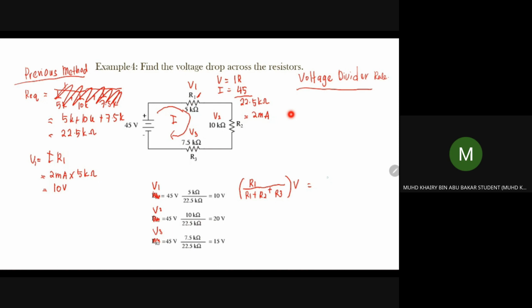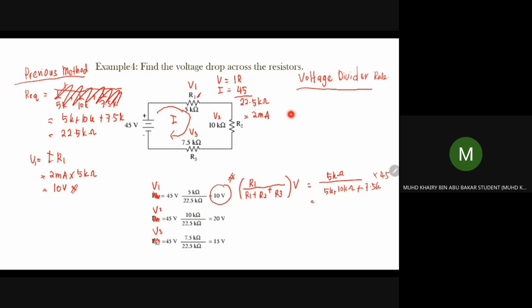So R1 is 5 kilo ohm divided by 5 kilo ohm plus 10 kilo ohm plus 7.5 kilo ohm, times 45 volt. So you got 10 volt. The answer here should be the same as the calculation here.